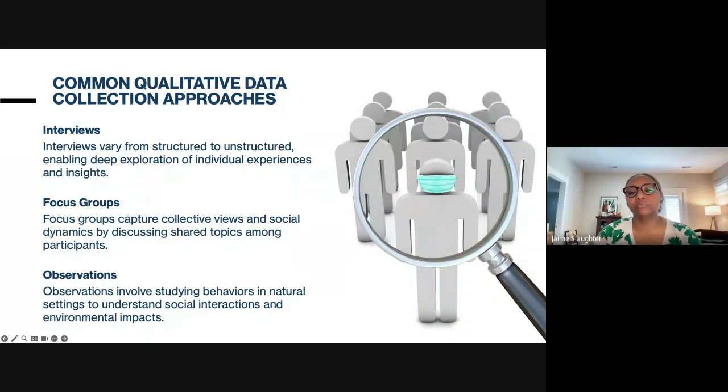With focus groups, we are capturing collective views and social dynamics by discussing shared topics among participants. An example of a prompt in a focus group might be, what challenges do families face in maintaining healthy diets?